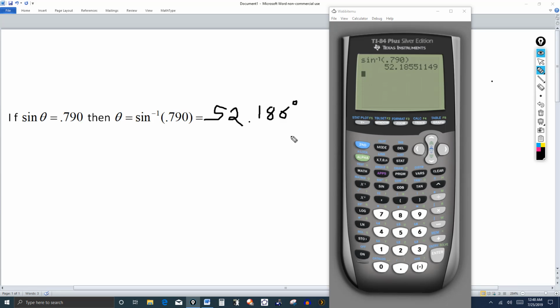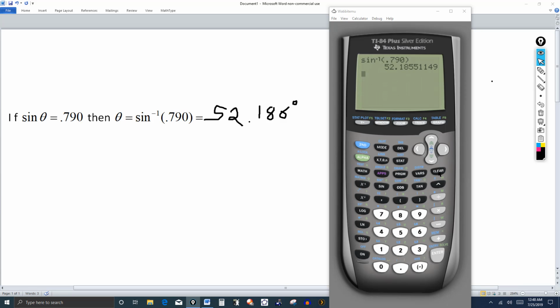If you don't put the degree, remember it's understood to be radian measure. So that's one answer you can give. Sine theta is equal to 0.790, then if they want the answer in degrees, you can give it as 52.186 degrees. This is a decimal form of the answer.